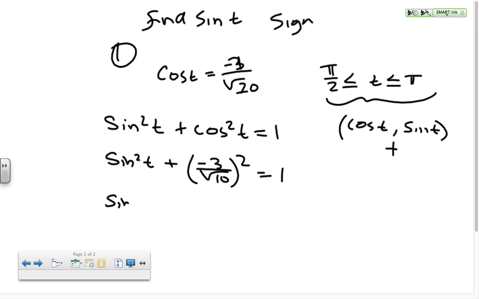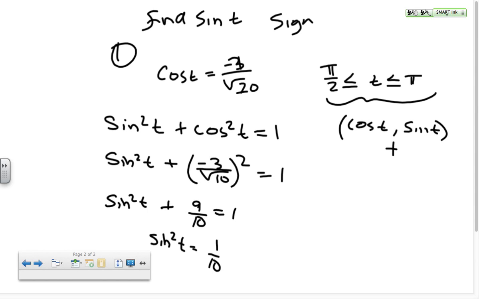That simplifies to sine squared t plus 9/10 equals 1. So sine squared t equals 1/10. Now I know people are going to ask, how'd you go from 9/10 to 1/10? Basic algebra, I subtract 9/10 from both sides.